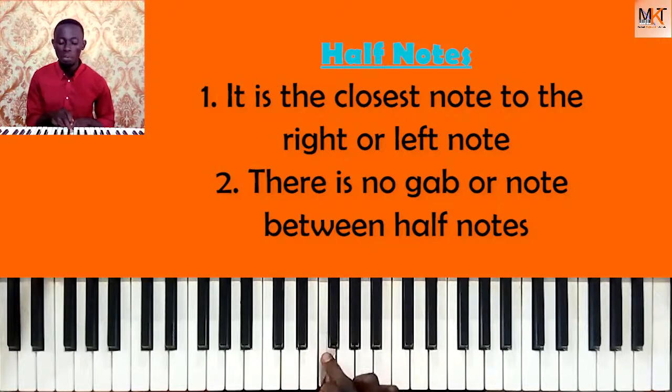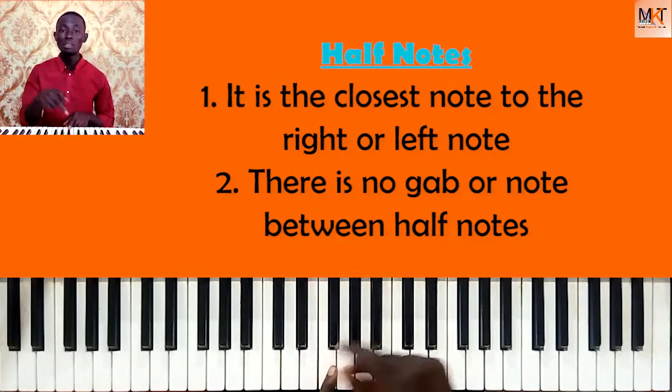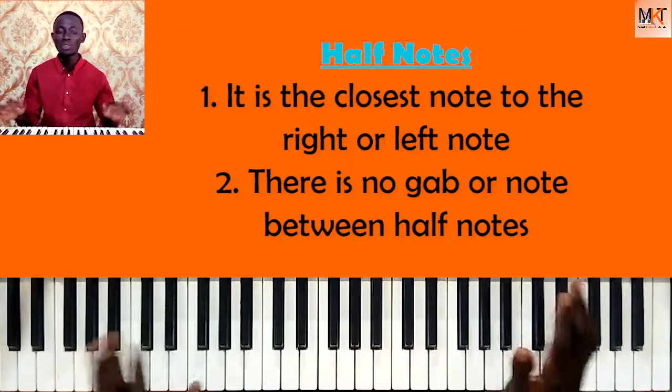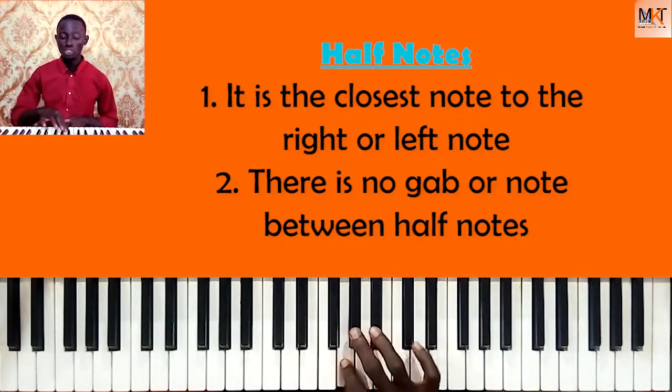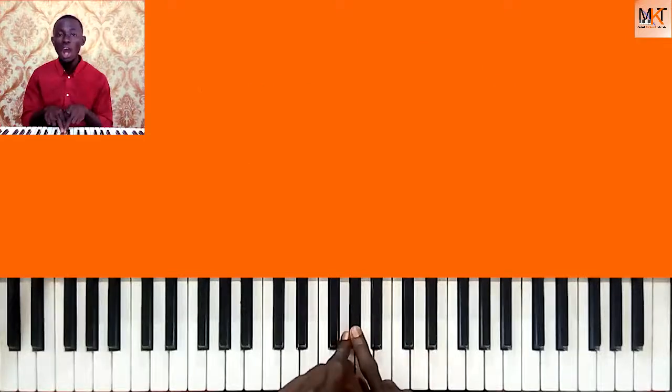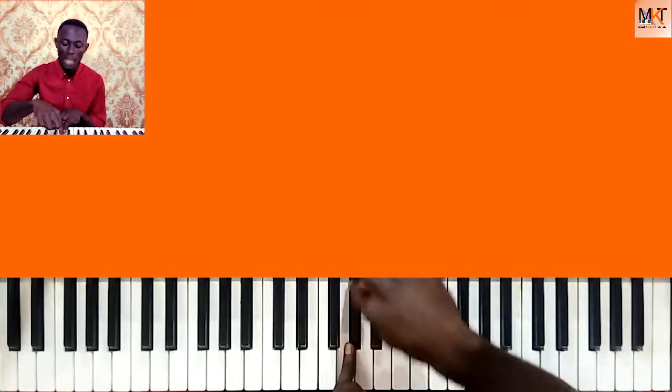So if I move from here to here, that is a half note. Also, if I move from here to here, that is a half note, because it has got no notes in between them. There isn't any note that is between them. From G to G sharp is a half step because there is no notes in between them.